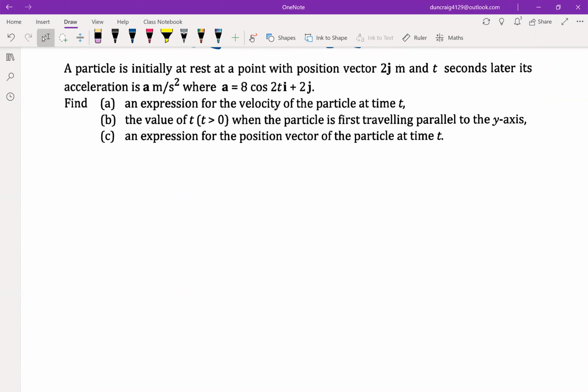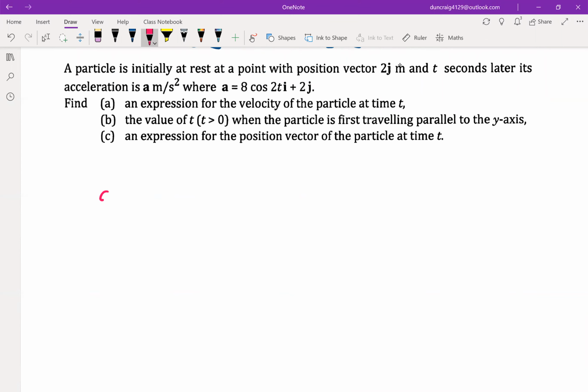So we've got a particle that's initially at rest with a position vector, and t seconds later, its acceleration is given by that amount there. So we're given an acceleration vector and an initial position, but not a position vector, not a rule to determine its position at any point.